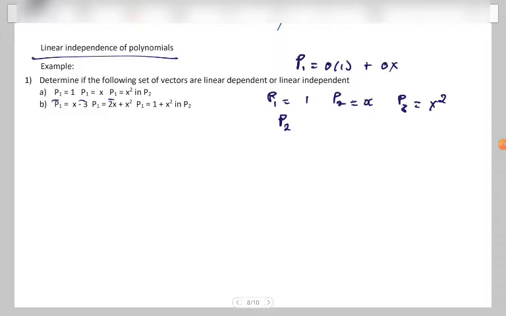Remember what polynomials are. A polynomial is given by this function: a_n multiplied by x to the power n, plus a_(n-1) multiplied by x^(n-1), plus up until a1 x^1 plus a0. Remember, this is the definition of a polynomial.